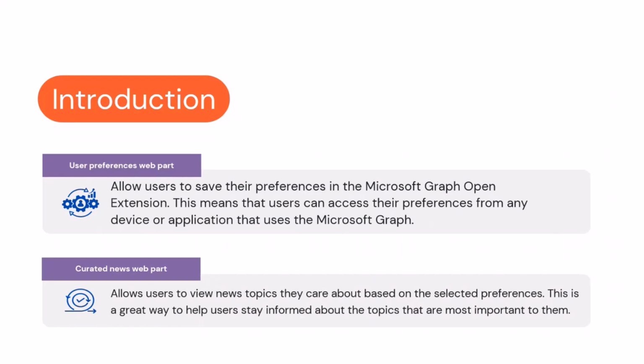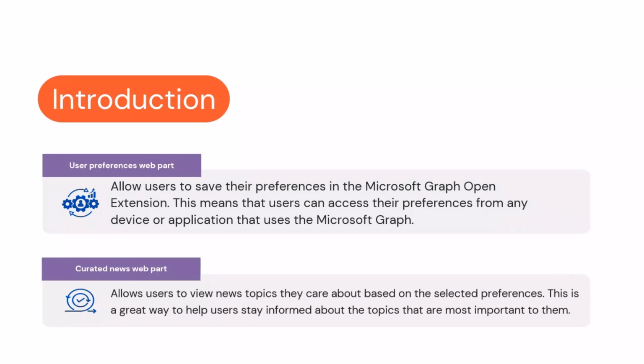So in this demo, I built two different web parts. One is a user preference web part, and by the way, this preference part could be on the home page or somewhere else. This is just an example, so you can choose where you want to put it.